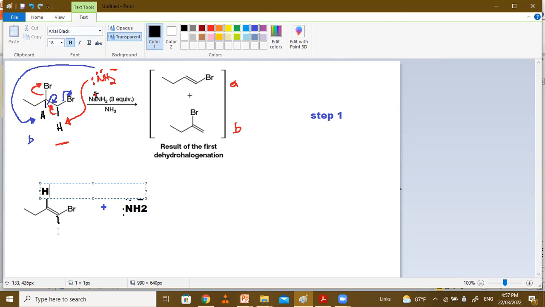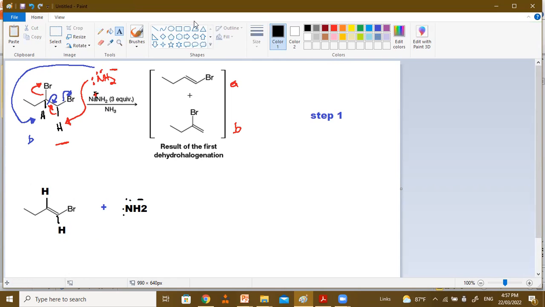What happens is that your amide will abstract, as I mentioned, your proton here. Once this abstracts the proton, the proton's electrons will form a triple bond.